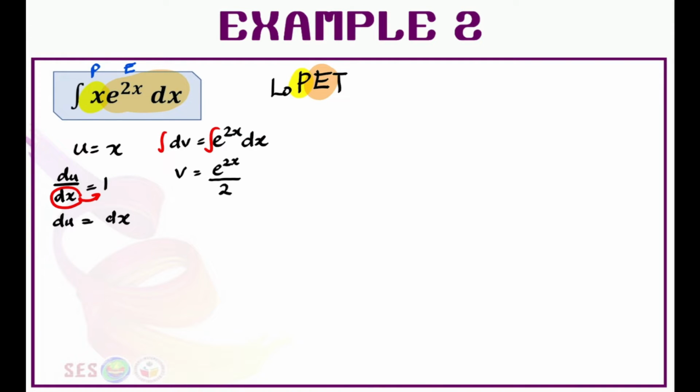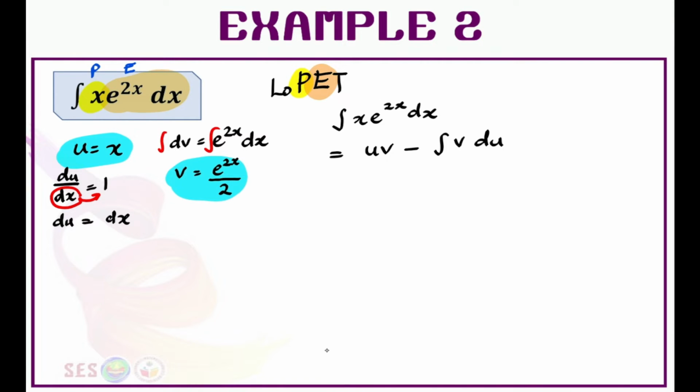Okay, now we are going to substitute into this formula. So I write the question first. It's integrate x e power 2x dx. The formula is uv minus integrate v du. So I'm going to highlight what I need here. It's u, it's v, and du.